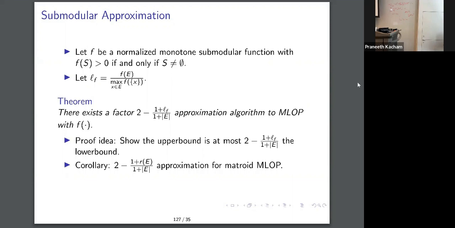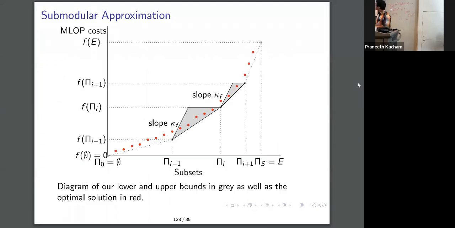That is going to be the cost function over the whole set divided by the maximum of its elements. And for special cases, it is going to give other parameterized algorithms. It gives strictly better than 2 approximation, for example, if the graph is d-regular for some constant d, and what we use is the principal partition.